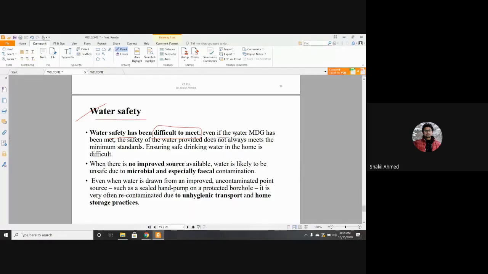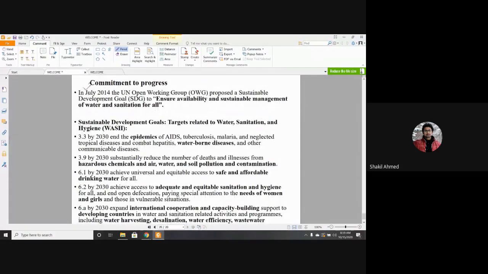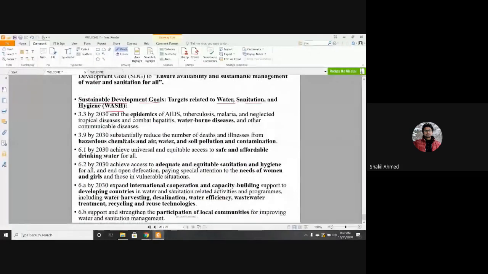So UNDP is working on this, and SDG, as I told you, SDG number 6 is directly related to WASH, which is basically water, sanitation, and hygiene. Commitment to progress. So as you can see, Sustainable Development Goals (SDGs) target water, sanitation, and hygiene (WASH).